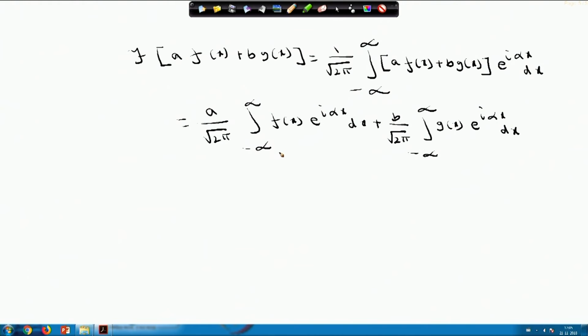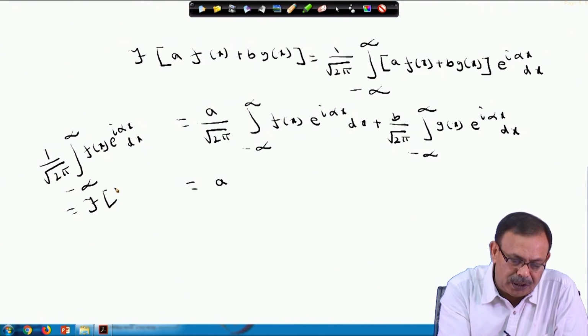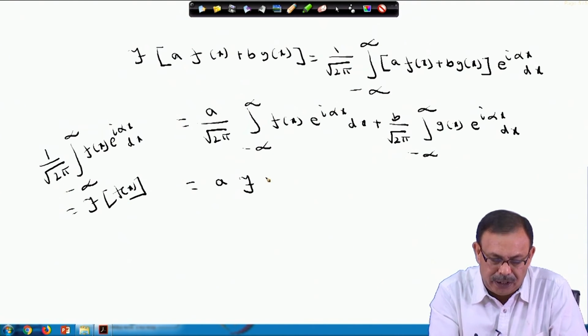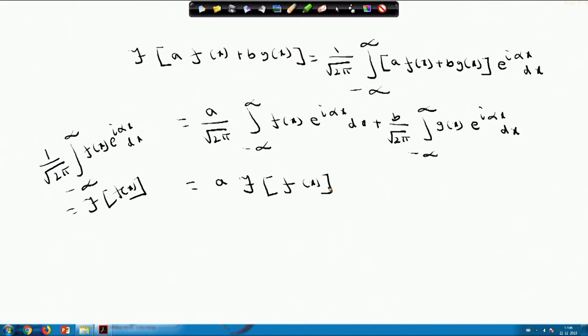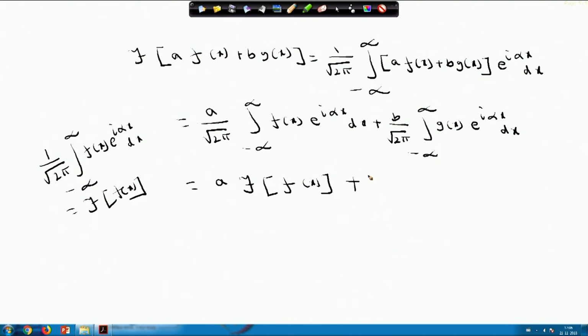Now, you see this integral from minus infinity to infinity of f(x) e^(iαx) dx is, from the definition of Fourier transform, the Fourier transform of f(x). So, I can write a into 1 by root 2π, integral from minus infinity to infinity of f(x) e^(iαx) dx. This is nothing but, from the definition, the Fourier transform of f(x), so a into the Fourier transform of f(x). Similarly, the second integral, 1 by root 2π, integral of g(x) e^(iαx) dx, is the Fourier transform of g(x), so you can write b into the Fourier transform of g(x).